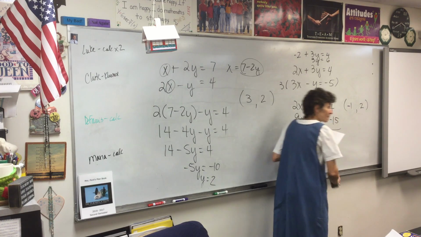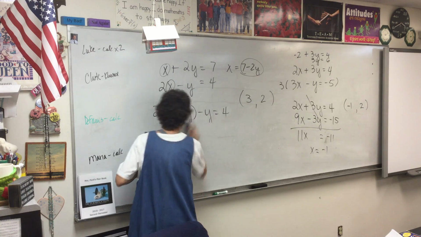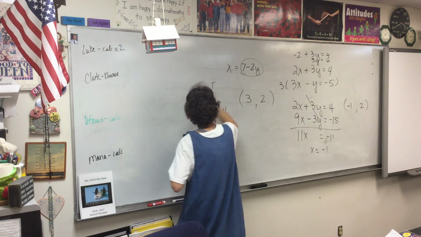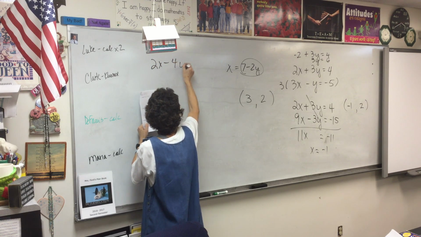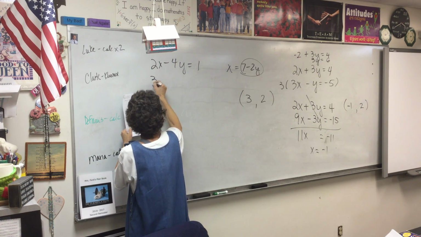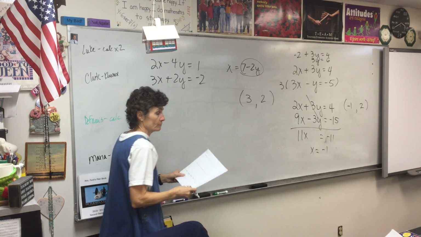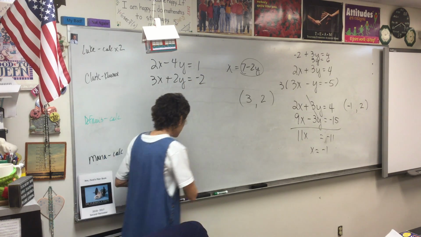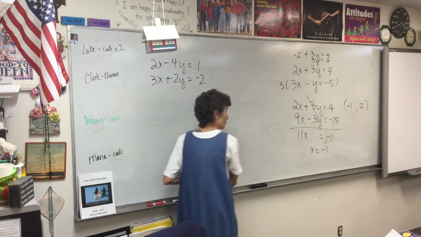Well, now we got Cramer's rule. So we're doing exactly the same problem, but we're doing it a different way. Same kind of problem. All right, this one is newer to you. Does anybody remember how this Cramer's rule thing works?